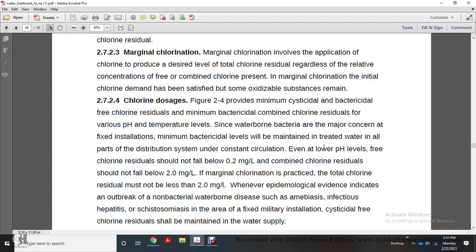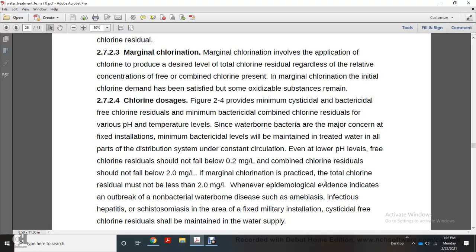Even at lower pH levels, the free chlorine residual should not fall below 0.2 milligrams per liter. Combined chlorine residual should not fall below 2.0 milligrams per liter. Where marginal chlorination is practiced, the total chlorine residual must not be less than 2 milligrams per liter.